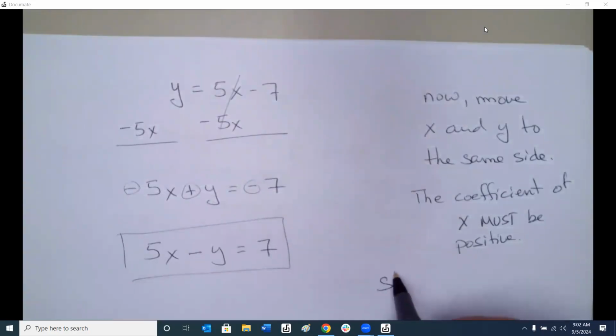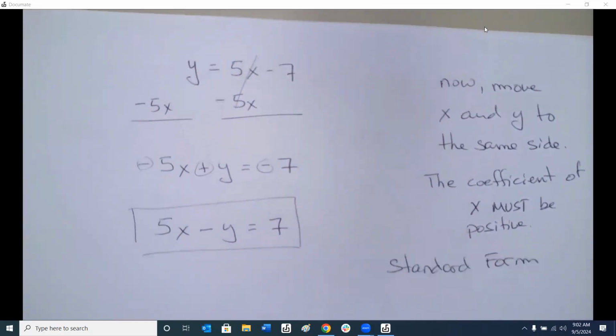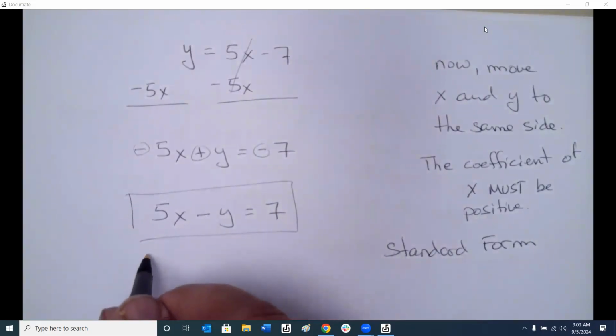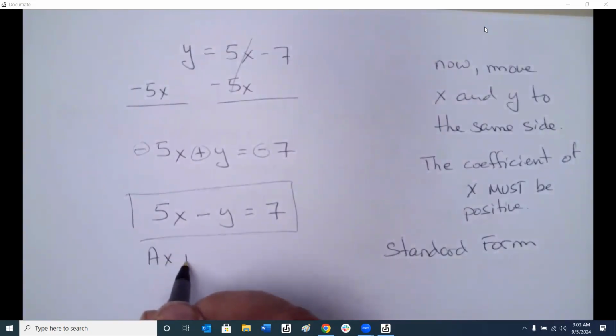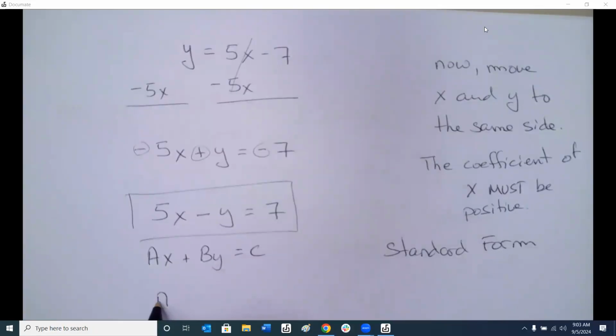And that gives us our standard form. Our standard form is ax plus by equals c. So a is equal to 5. b is equal to negative 1.